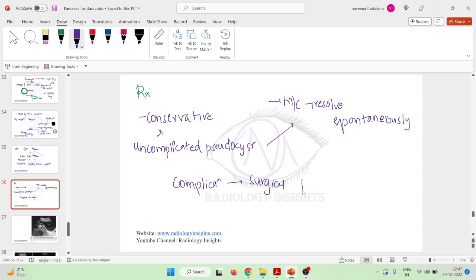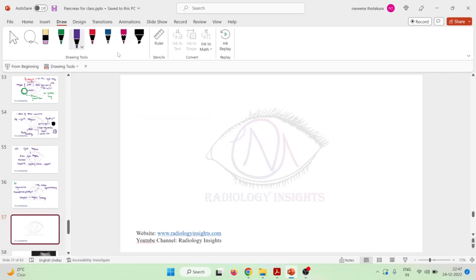What you should keep in mind are the indications which might require surgical drainage of pseudocyst.